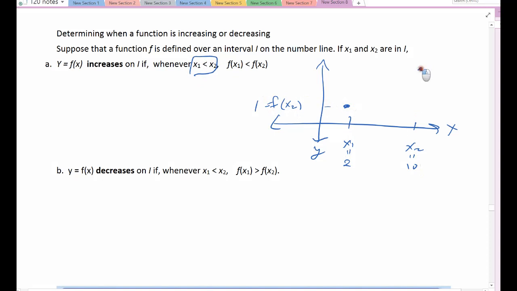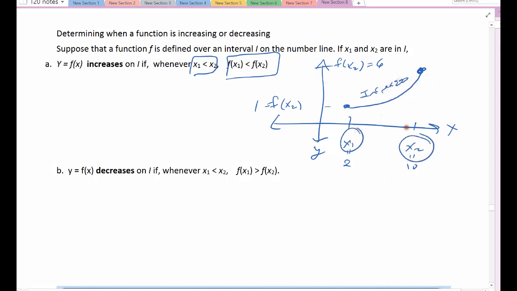And then I plug in my 10, and that would give me out my function value 6. 6 is bigger than 1. My function value at the bigger x value gives me out my bigger y value. Whenever that happens, I'm increasing from x1 to x2. My function increases.